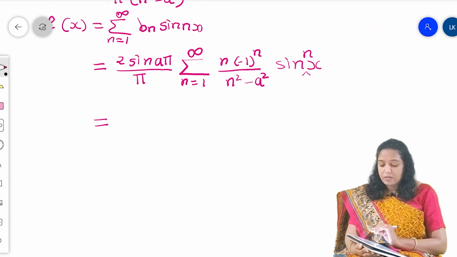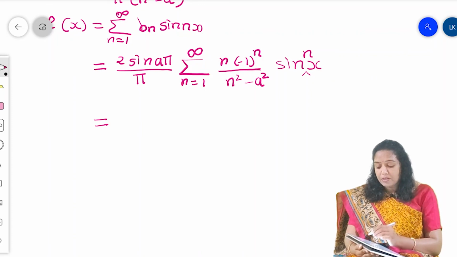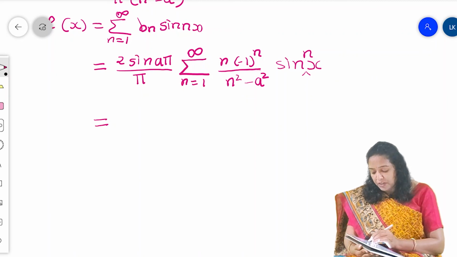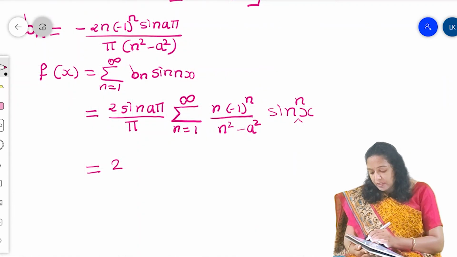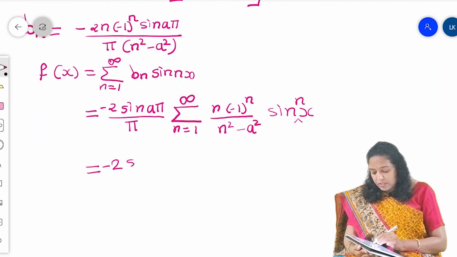This is the answer, but if we want to expand the summation, that is putting the value of n from 1 to infinity, then here there is minus sign, is minus 2 sine a pi upon pi.